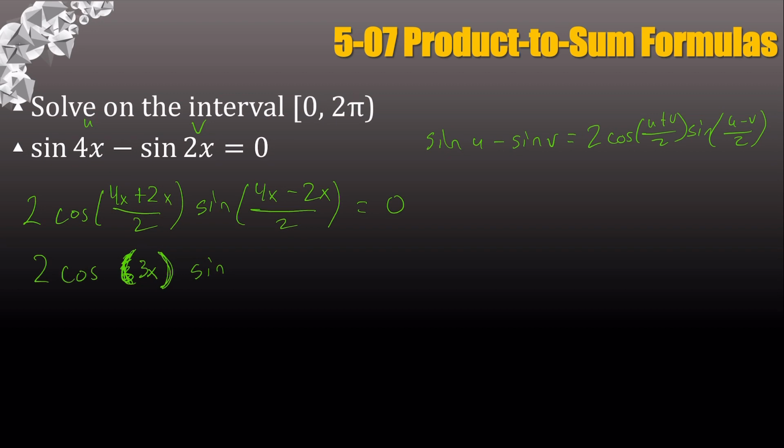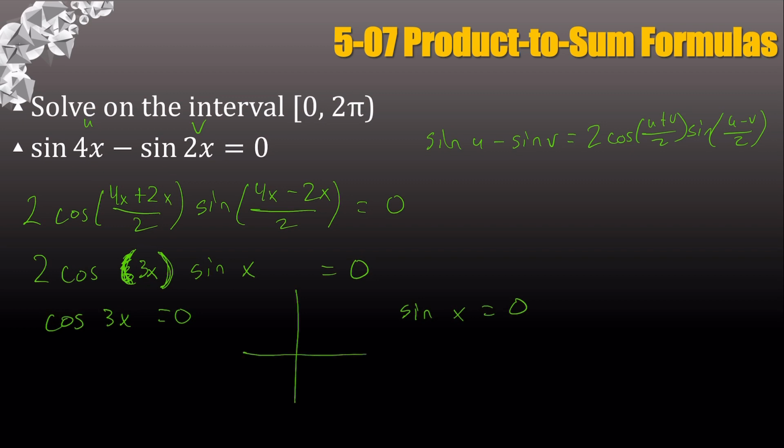And that would be 2x over 2, which is just x. So now I can take each of those equal to 0. The 2 isn't going to tell me anything, so I'm just going to leave it there.